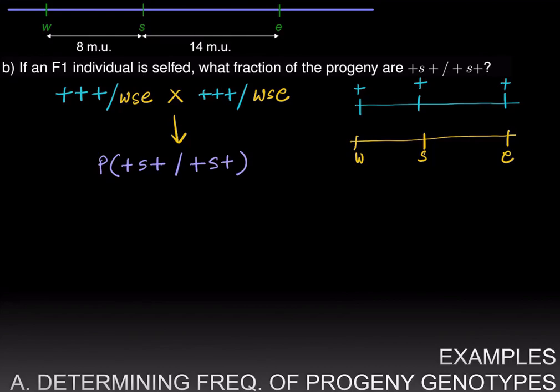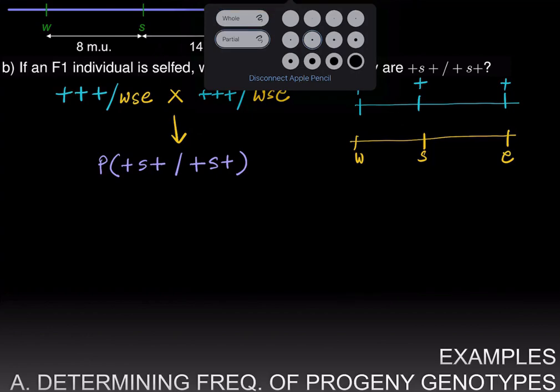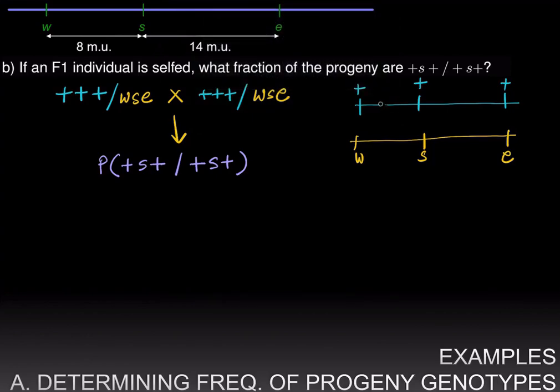And in order to get a plus S plus genotype, we must have two crossovers.